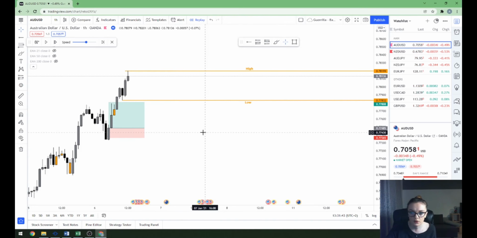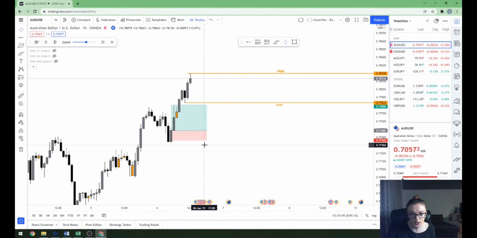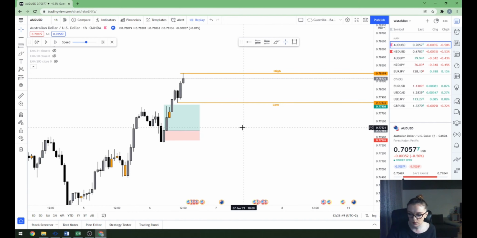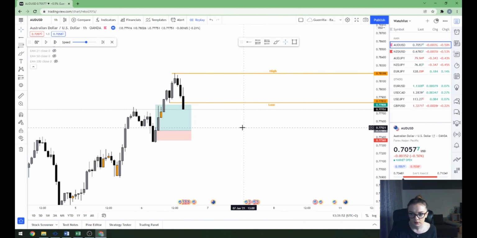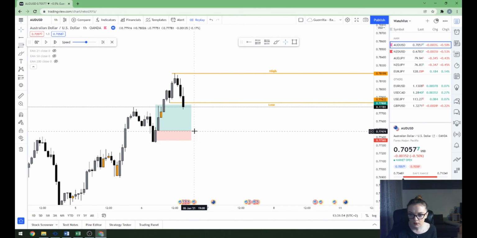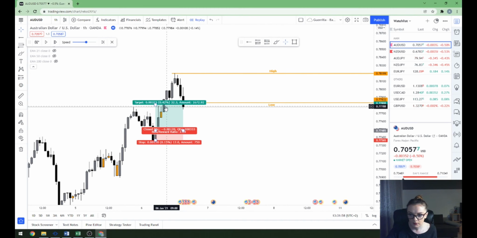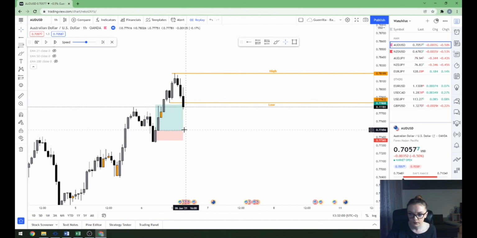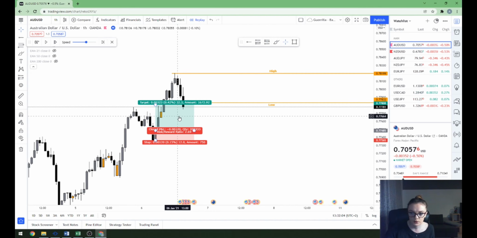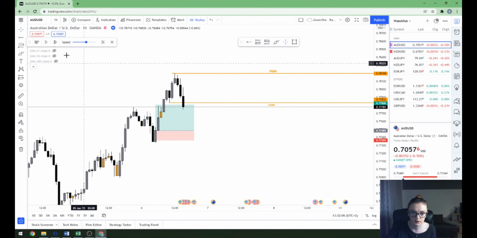Now we can also look for some scalings if we will get some instances for this, but let's see what will happen next. So this candle got us out and we have a winning position here with plus 2.69%.